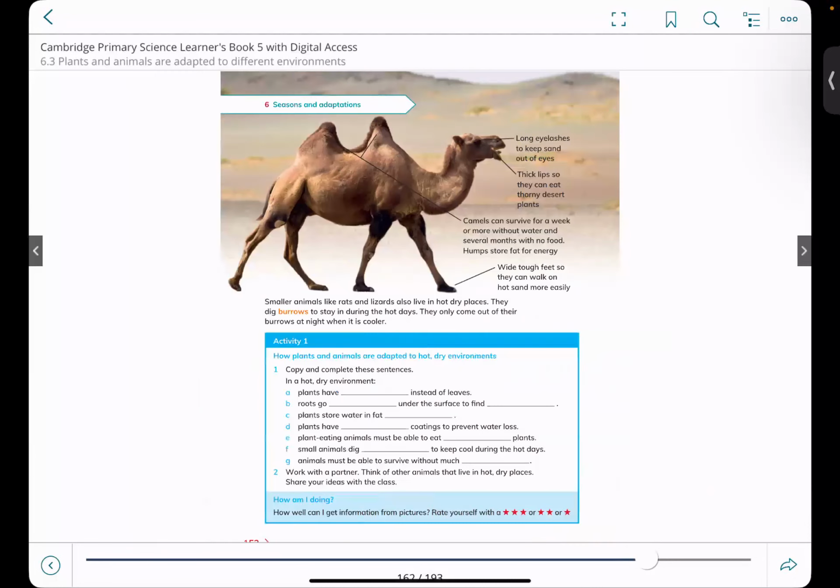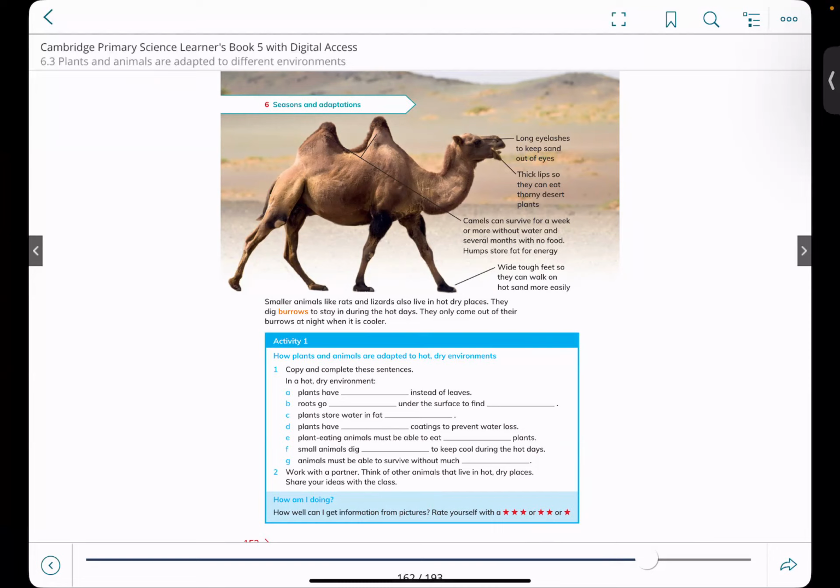Next, we're considering an animal who stays in a hot and dry climate. So how has this particular animal adapted? They know that all that they're going to eat would be plants which would have more thorns than leaves, right? And if they don't have thick lips, their lips are going to bleed because the thorns are going to prick.